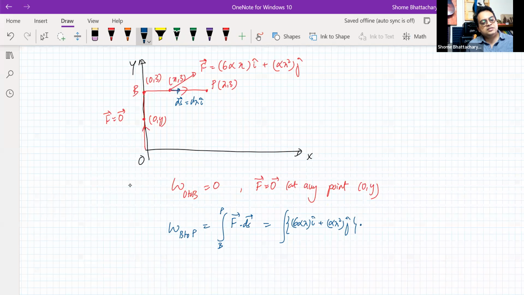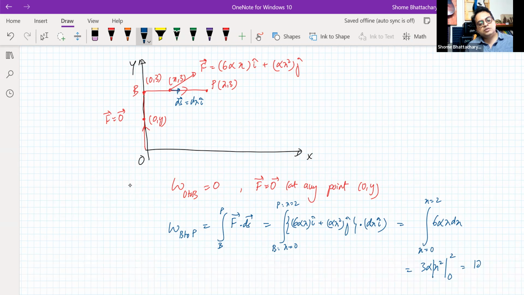But the differential displacement at any point is dx i cap. And at the point B, x is 0, and at the point P, x is 2. So this dot product will give us 6 alpha x dx from x equal to 0 to x equal to 2. So as you can see, that will be 3 alpha x square from 0 to 2. That will give us 12 alpha.